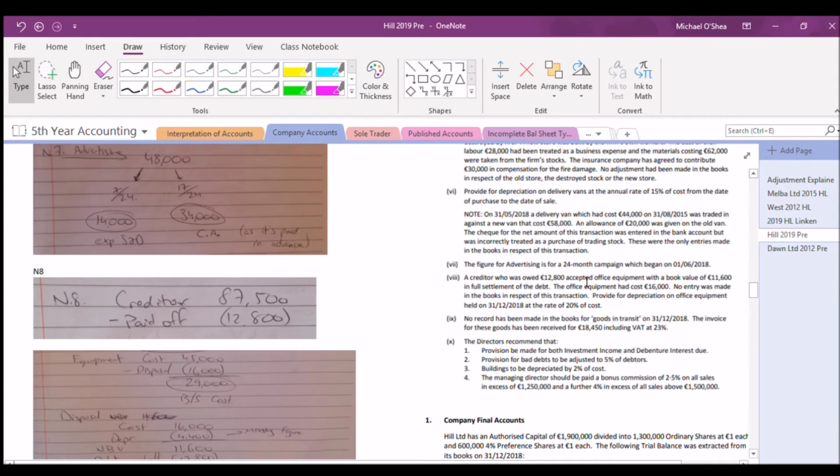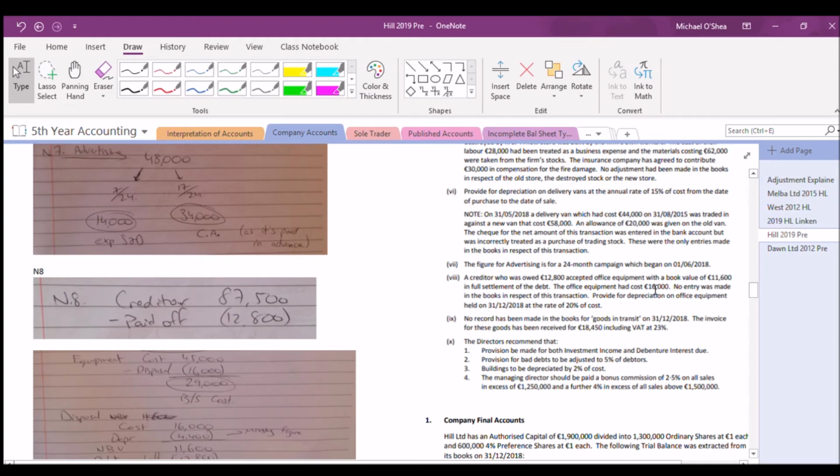What's interesting here is, I think off the top of my head, there were 6 different adjustments that were needed, but it's extremely similar to this note. Because you have a disposal, you need to find out what the depreciation was on the office equipment here.